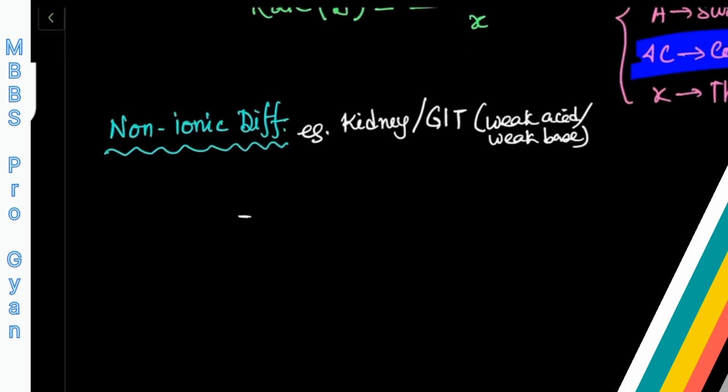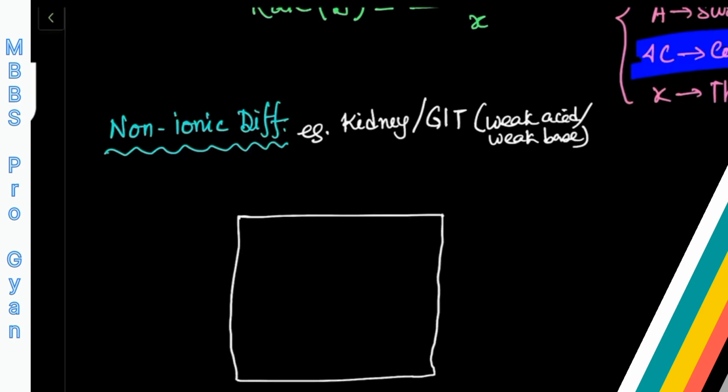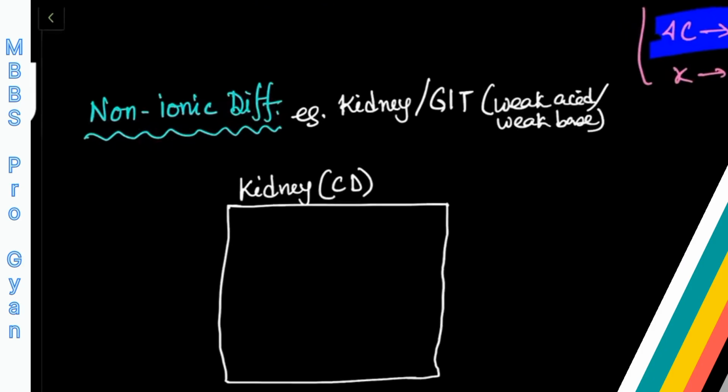Now you try to understand. Suppose this is the epithelium cell of the kidney. Which part of the nephron? The collecting duct cell of the nephron.